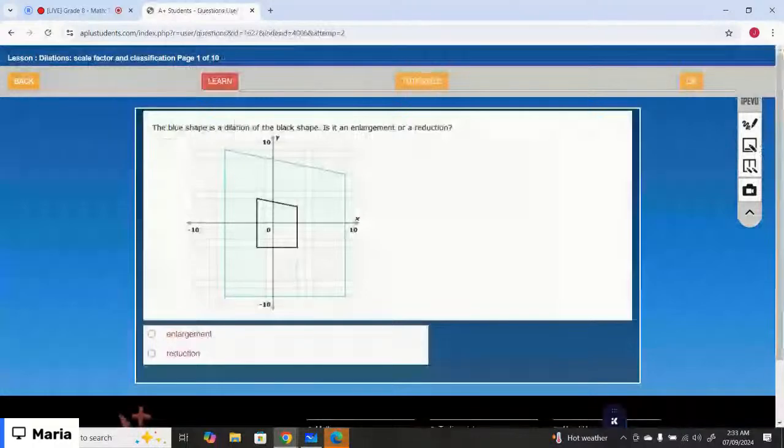Okay, the blue shape is the dilation of the black. Is it the enlargement or reduction? Blue is the dilation of the black. That means black is the original one, and the blue one is the dilated one. So that means that is the enlargement.